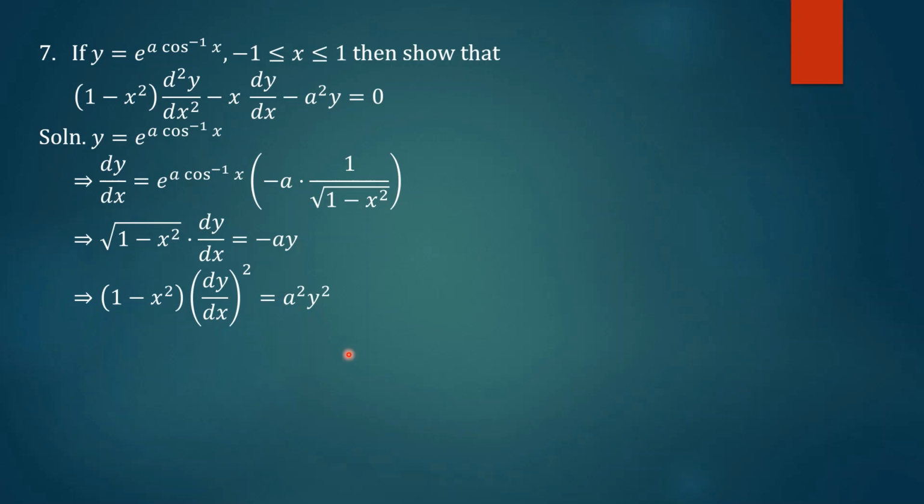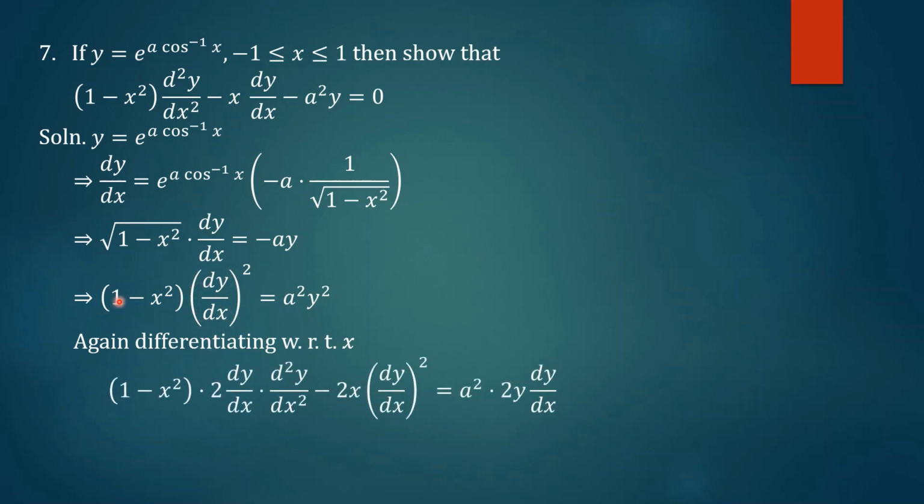Now find the second derivative, so again differentiating with respect to x. So 1 minus x square, this term, derivative is twice dy/dx into the second time derivative of dy/dx, which is d2y/dx2. You see the line first, 1 minus x square remaining same, the whole square term derivative is 2 the term itself into dy/dx derivative will be equal to d2y/dx2.